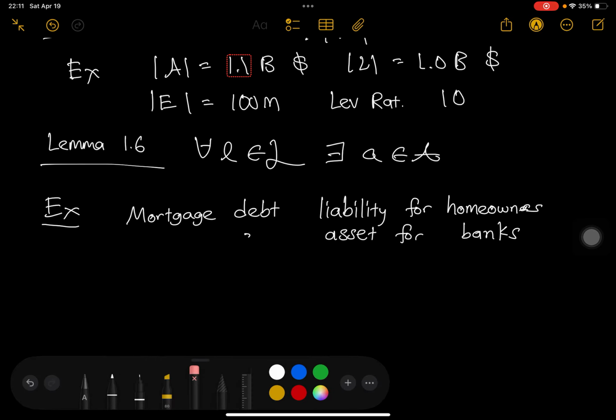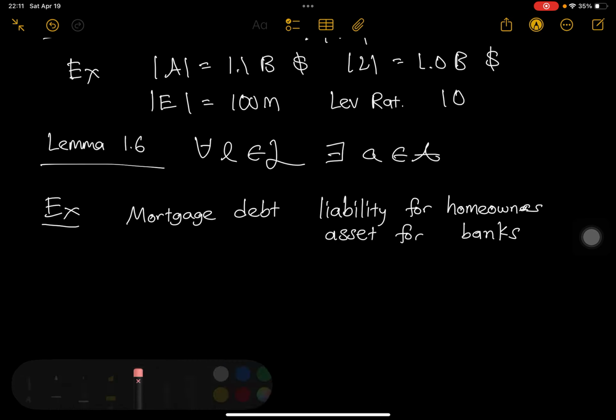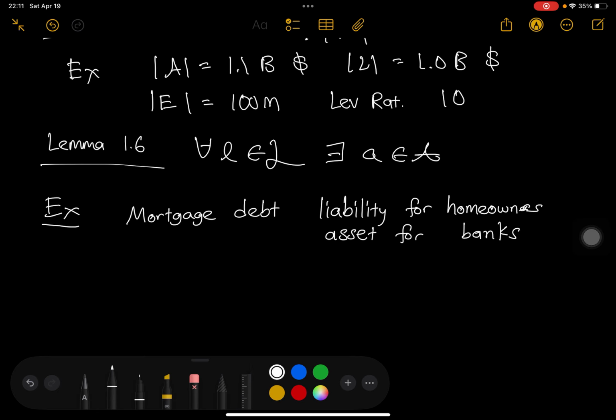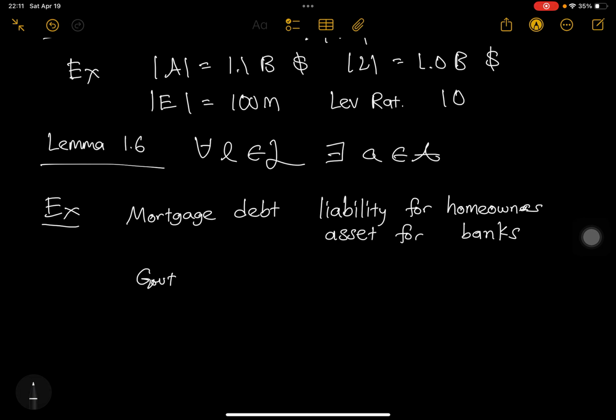Similarly, government debt is a liability for government, but an asset for investors.